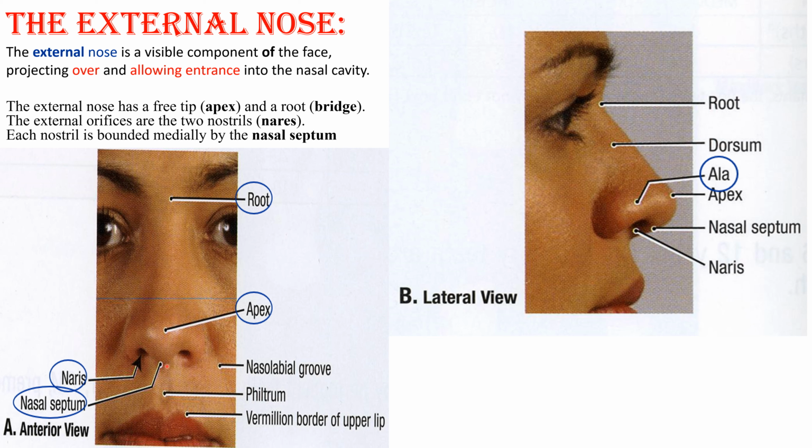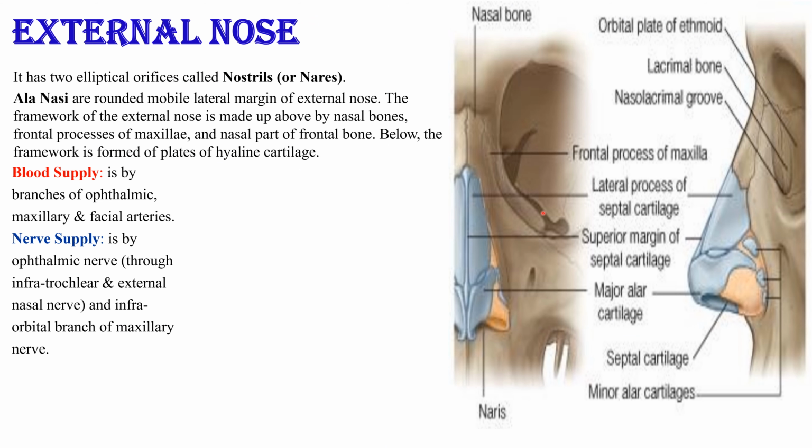Plus, this is the nasal septum. As we say, the bone and cartilaginous formation of the external structure of the nose: the nasal bone, the maxillary process, which is called the frontal process of the maxilla.